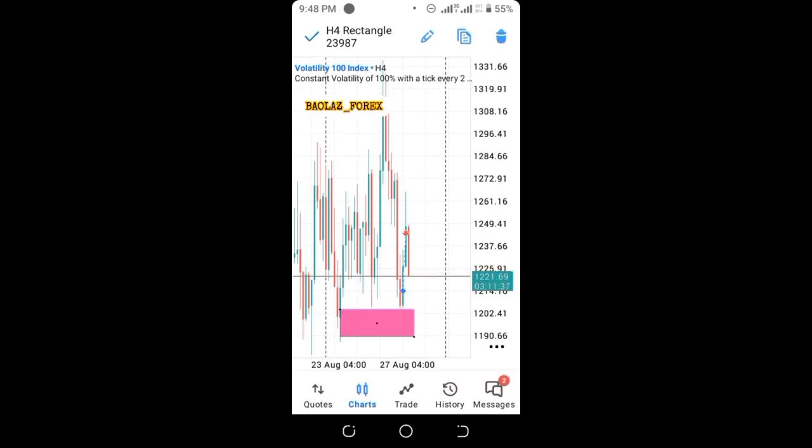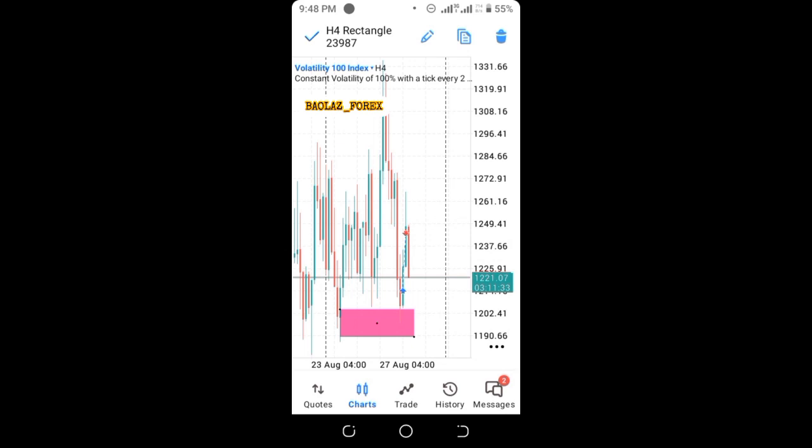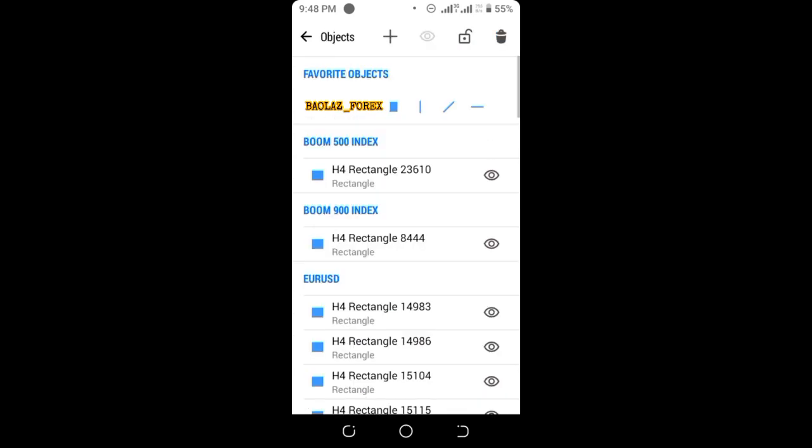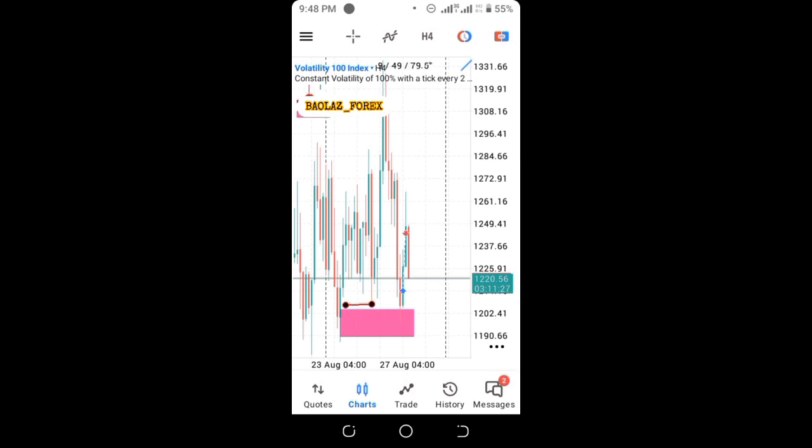Then you can see here, let me mark it. You can see here it is a liquidity. If you know the concept of liquidity, you will know that this is a liquidity.